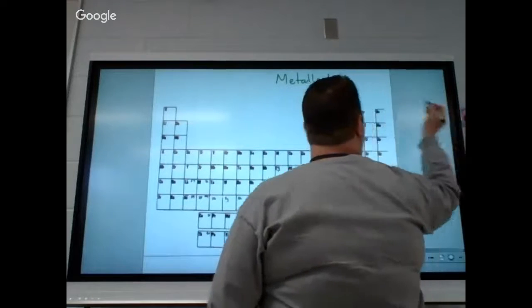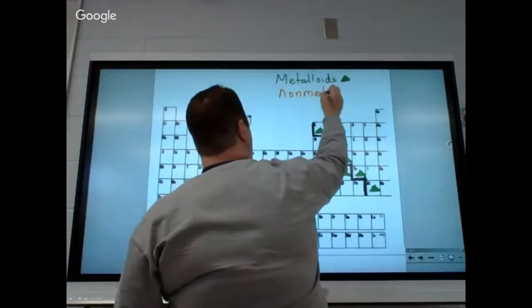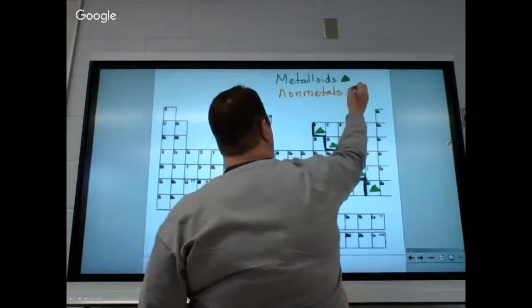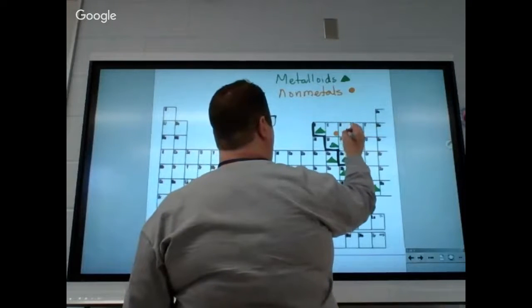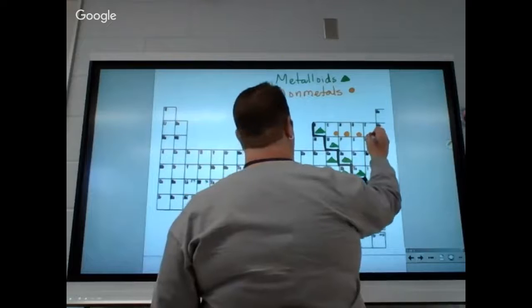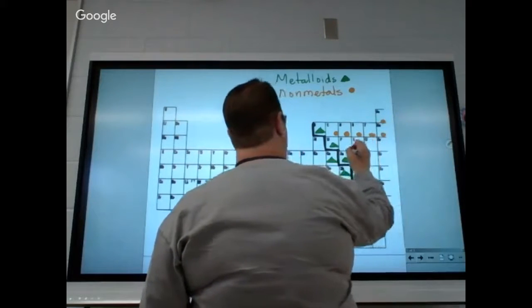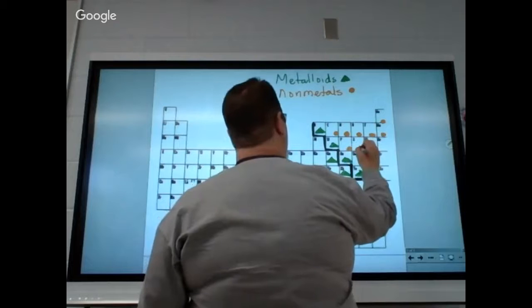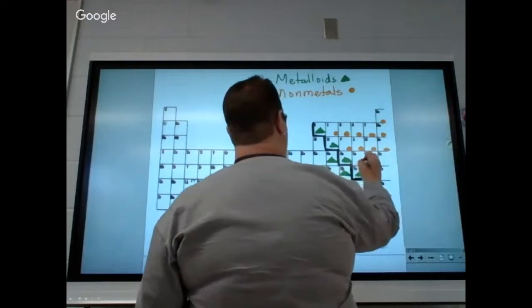So, the nonmetals are to the right. Notice that I'm not drawing my nonmetal dots really, really large because I need to be able to come back and put some symbols in for states. So, I'm leaving space for the states.